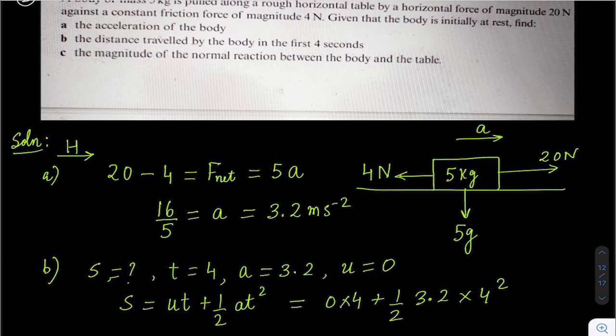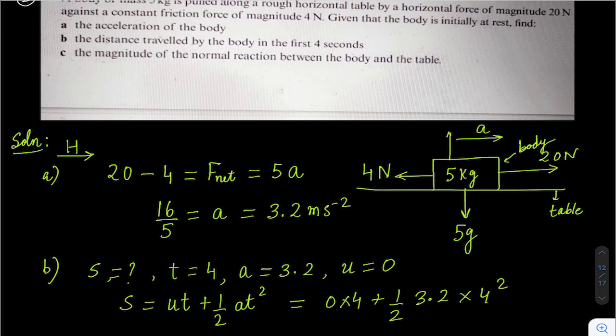Now next part they are asking is magnitude of the normal reaction between the body and the table. Okay, so this is our table. This is our body. Now we know that this mass 5 kg is exerting a force of 5g downwards.